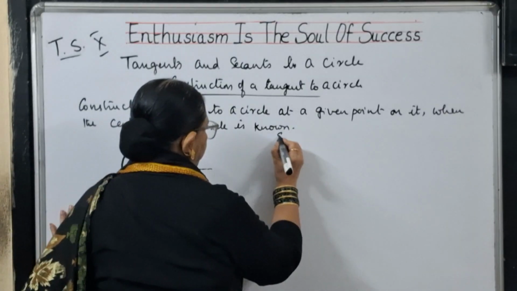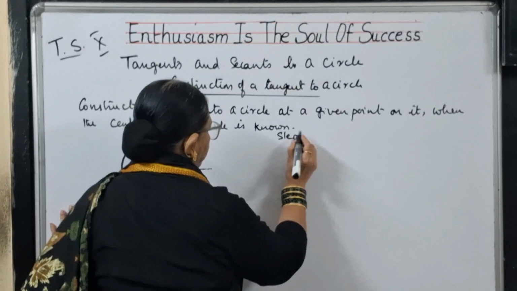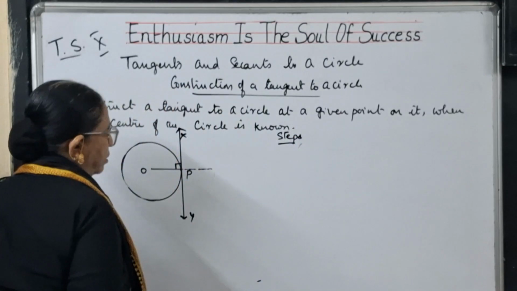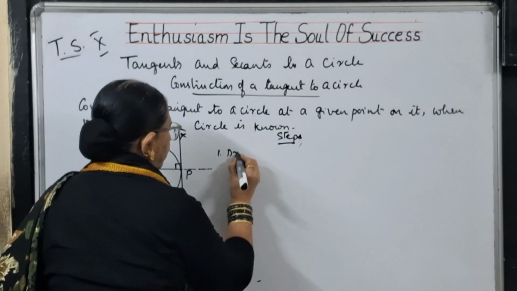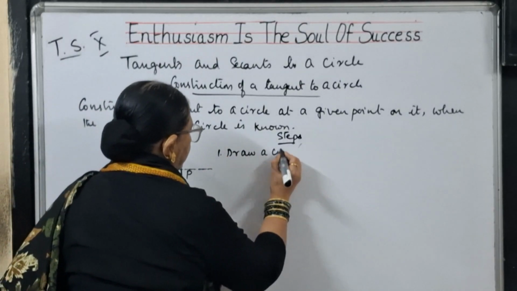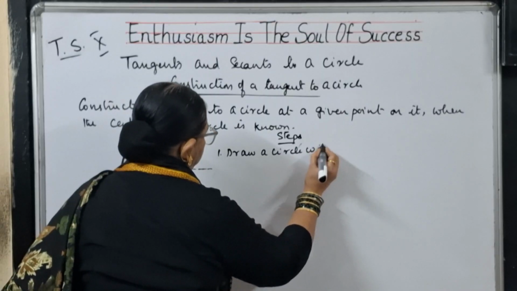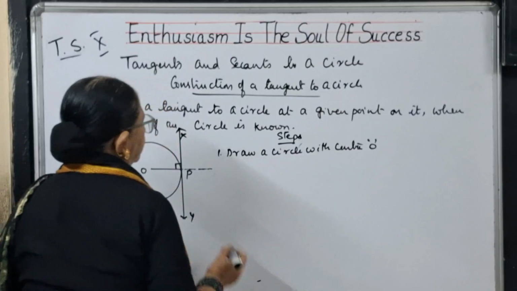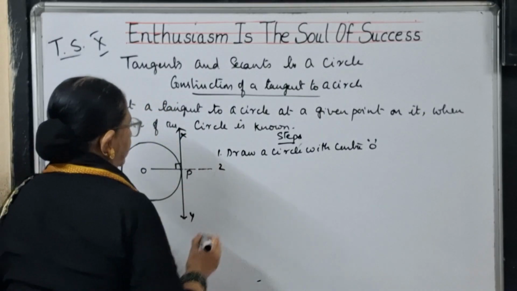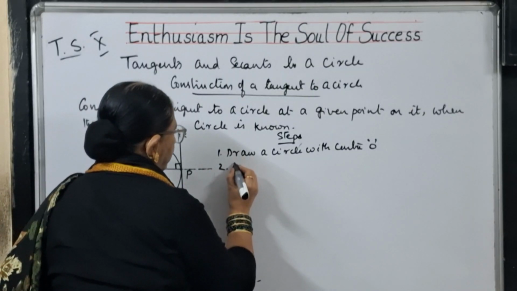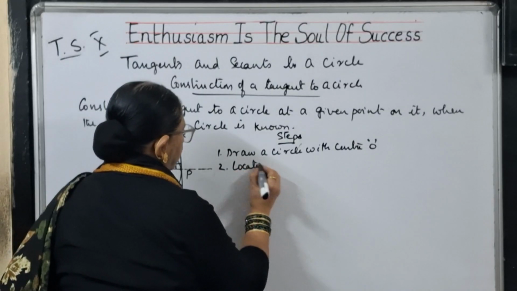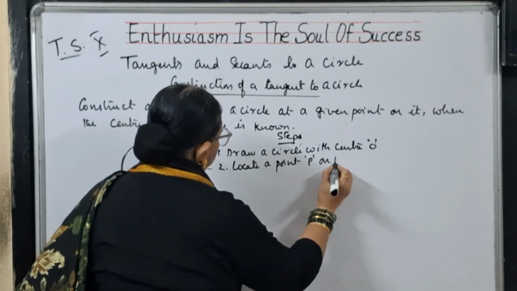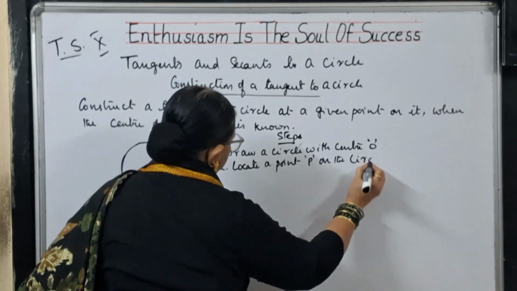So what are the steps of construction? Steps of construction. First, you draw a circle with center O, with any radius. Second, locate a point P on the circle.